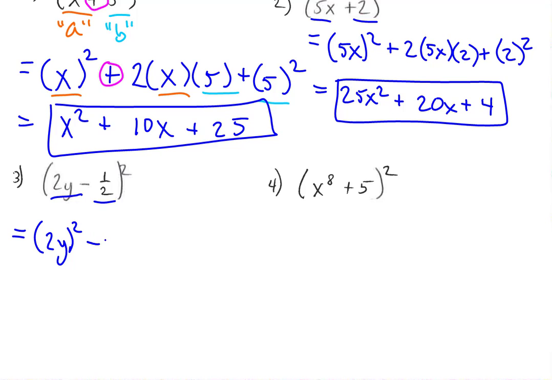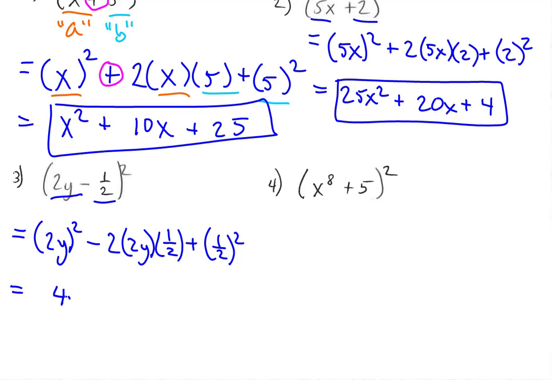We're going to use a minus sign to match the sign between these original terms. And so minus 2 times a, which is 2y, times b, which is 1/2. And then it's always the plus or positive at the end here, so plus b squared, so that'd be 1/2 squared.